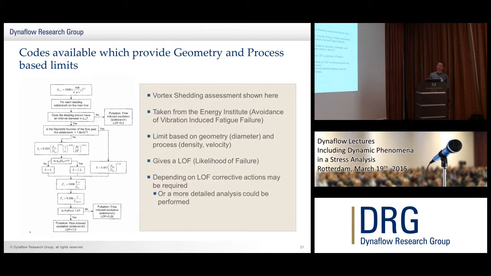And you work through this flow chart, and at various points you'll end up with what's called a likelihood of failure. Okay, see here we've got 1 and here 0.29. And based on this likelihood of failure, you can determine, is my system suitable for avoiding vibration-induced fatigue failure, or do I need to make modifications? So if you don't conform with the required likelihood of failure, then you need to make modifications to your system, or we can consider a more detailed analysis.